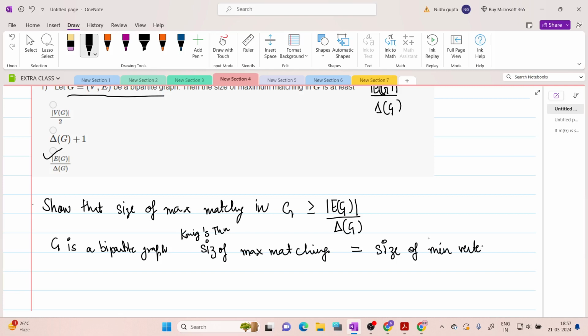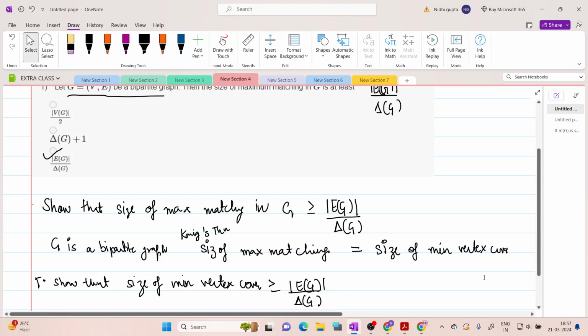Good. This is Koenig's theorem. Now we have to show that the size of minimum vertex cover is greater than or equal to |E(G)| by delta G.